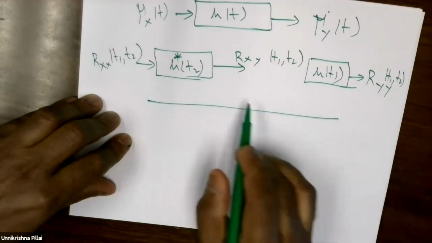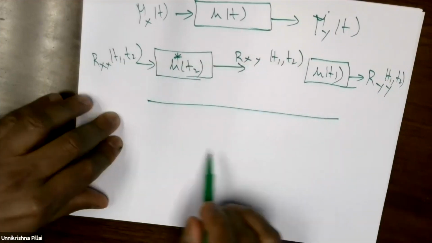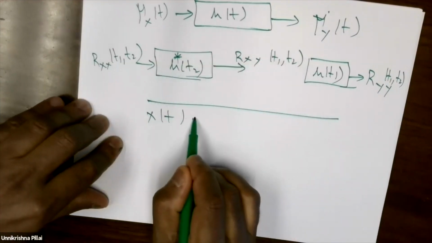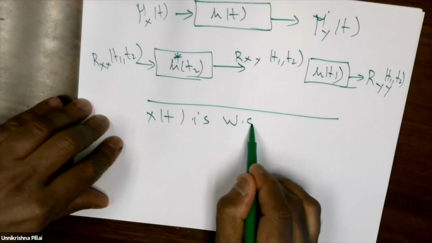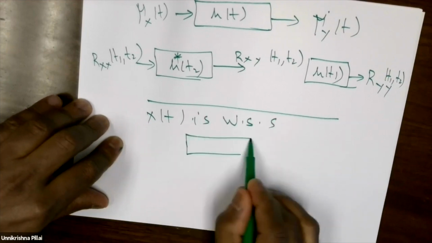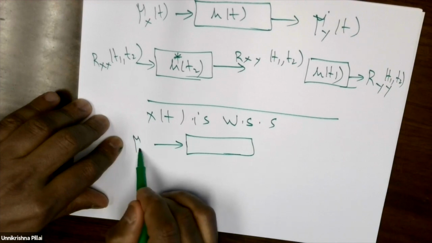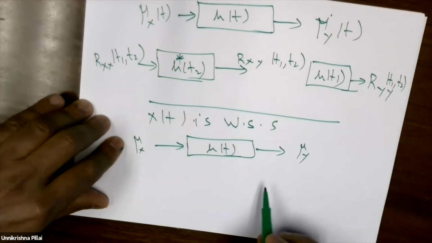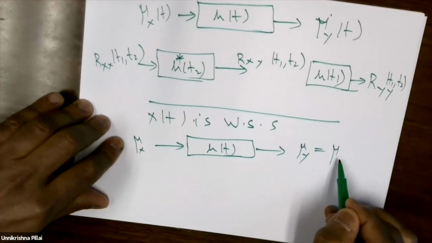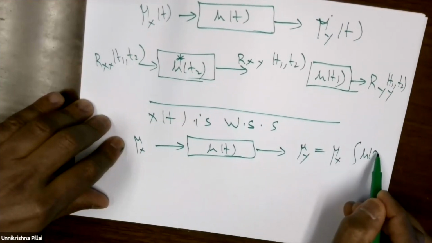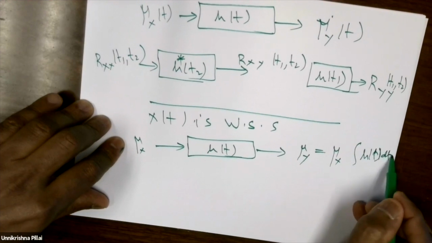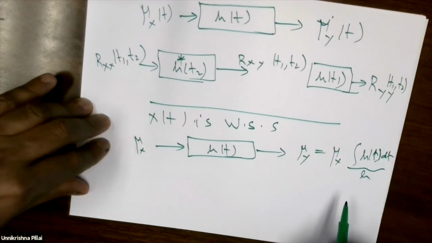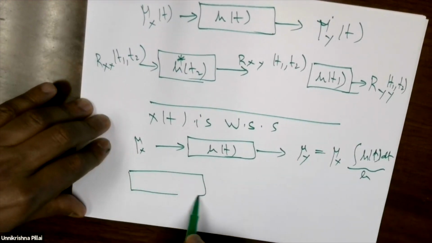In general this is true. So if x of t is wide-sense stationary, we can rewrite it in a different way. A constant going through a system is going to produce another constant, the old constant multiplied by the integral of h of t dt. But the autocorrelation is interesting.